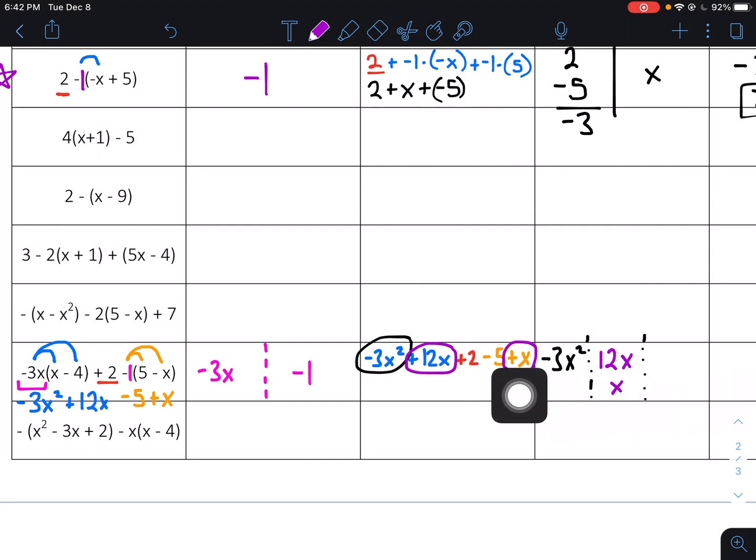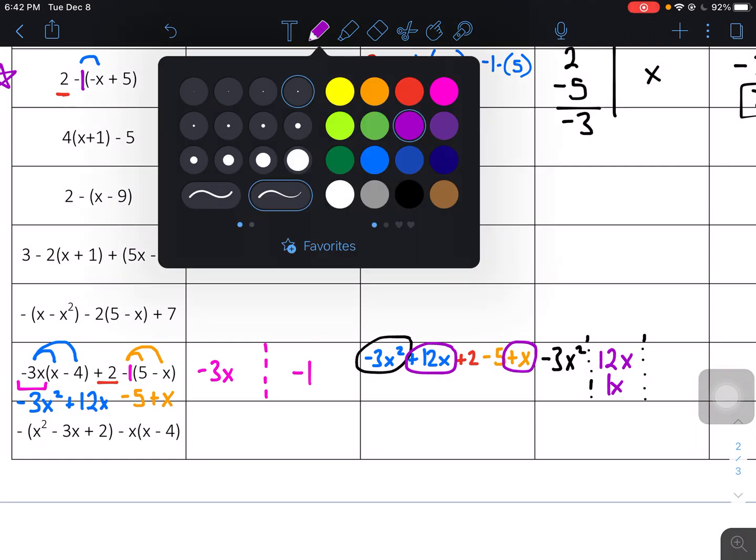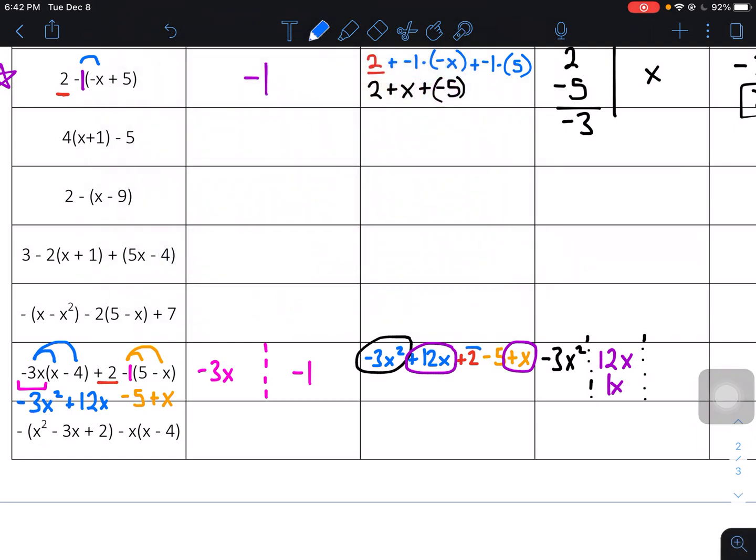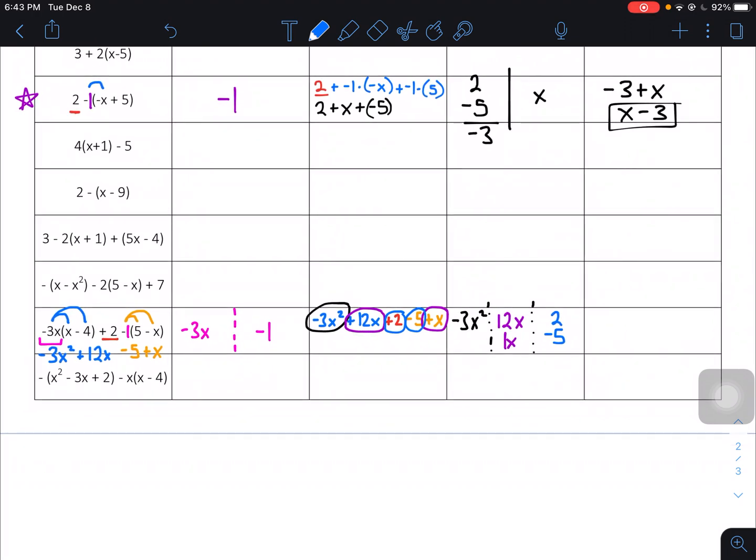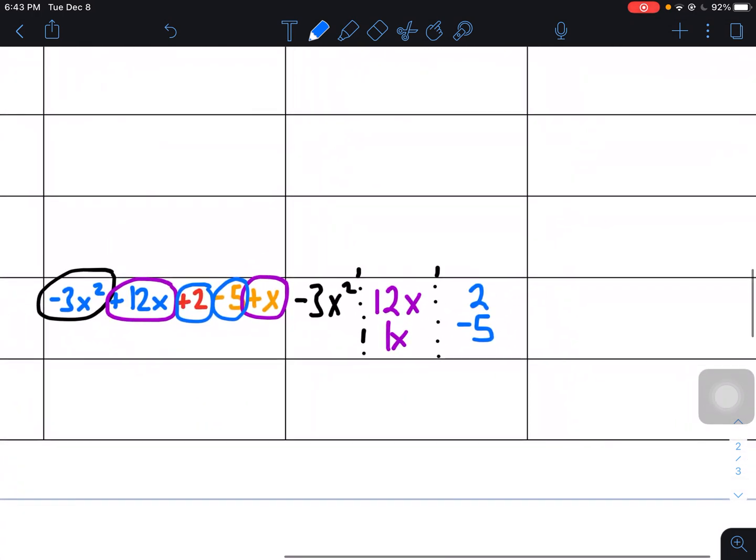Remember, this looks like 0x, but this is 1x, because there's 1x there. Then we have positive 2 minus 5. So for our final answer, we would have negative 3x squared plus 13x. 2 minus 5 would be minus 3.